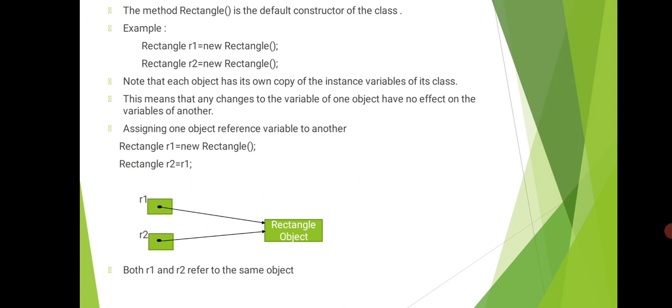We can also assign one reference to another variable. We created R1 using the new operator and declared R2, but we are assigning R1 to R2. That is, everything R1 is pointing to is also pointed to by R2.